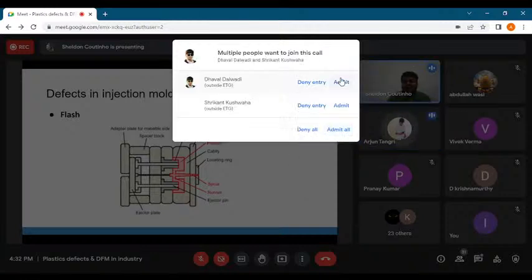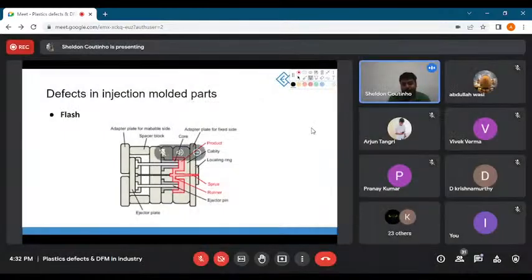Okay, so this is what we designers call foolproofing. Foolproofing, if you take it literally, is making whatever you're designing foolproof. Matlab, if there is a fool, a person who has no brains, assembling your part, he also shouldn't be able to assemble the part wrong.